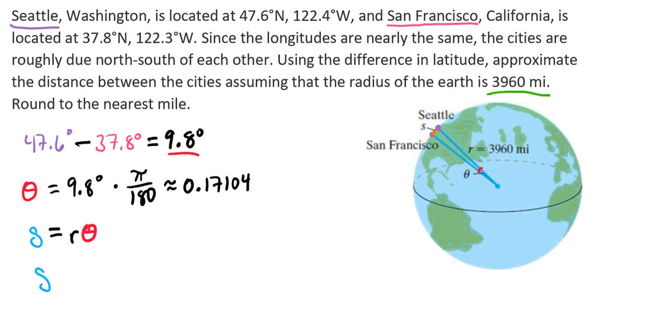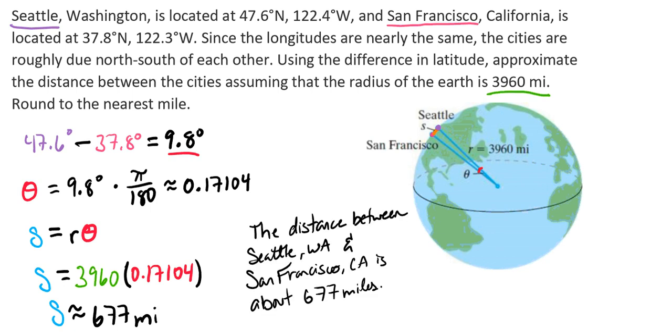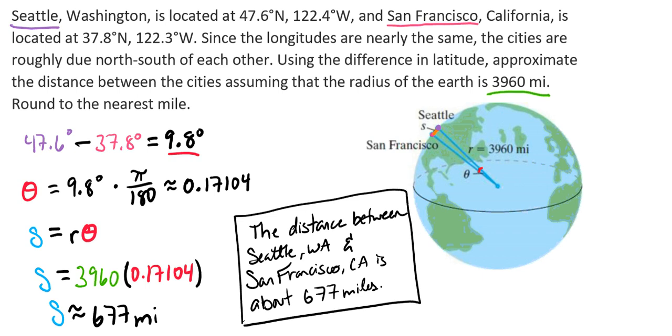So I can take that value, 3,960, and multiply that by my theta, which we found is 0.17104, and that's going to give me a value that is approximately 677 miles. And so we can say that the distance between Seattle, Washington and San Francisco, California is about 677 miles.